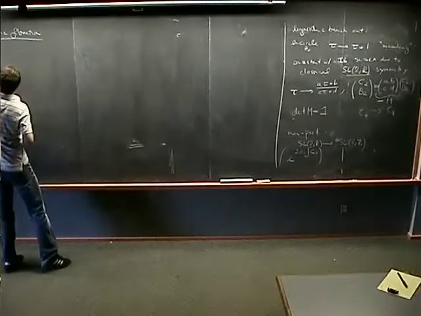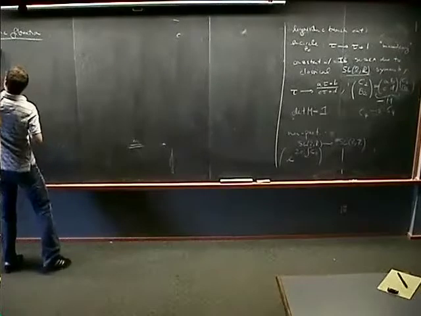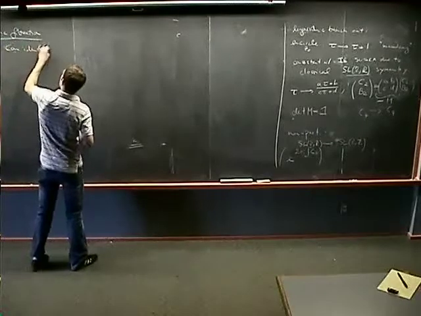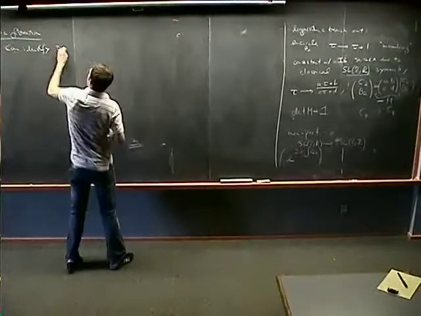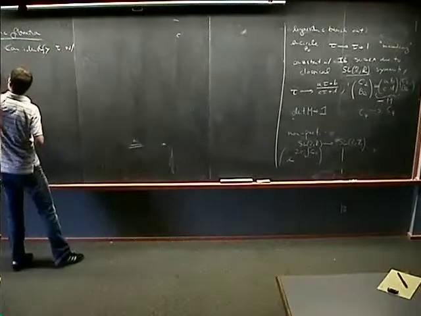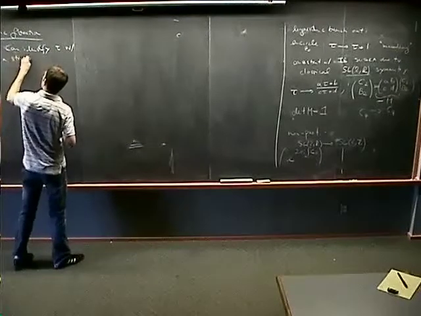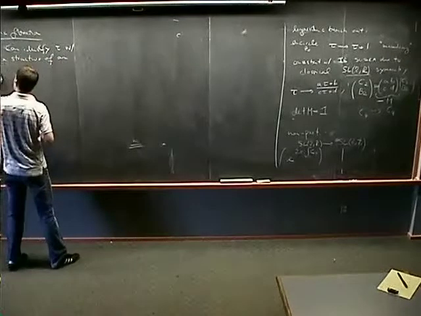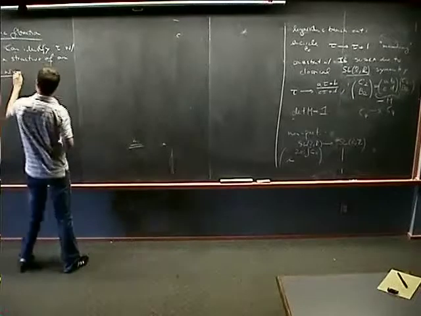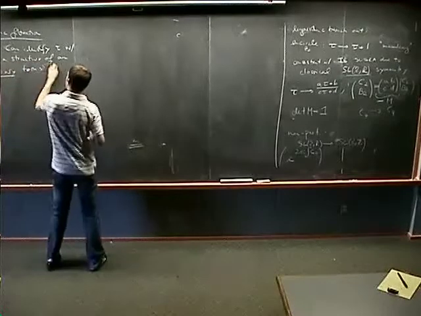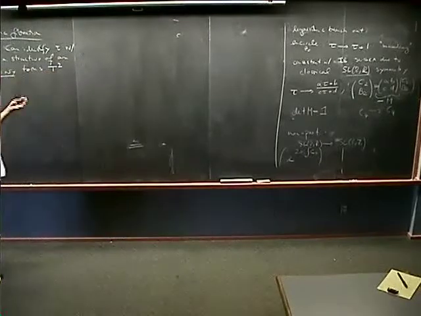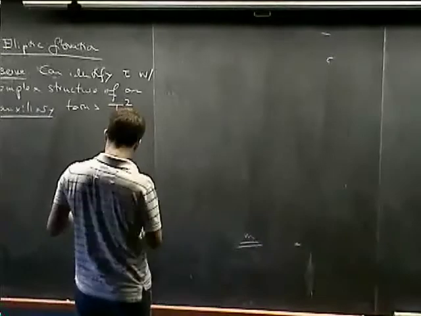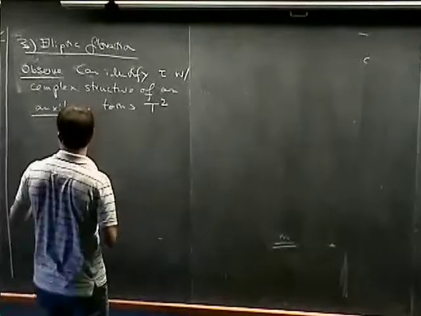So we observe that we can identify tau with the complex structure of an auxiliary torus or elliptic curve T2, auxiliary meaning that here it has really no physical meaning other than being a bookkeeping device for our axio-dilaton.